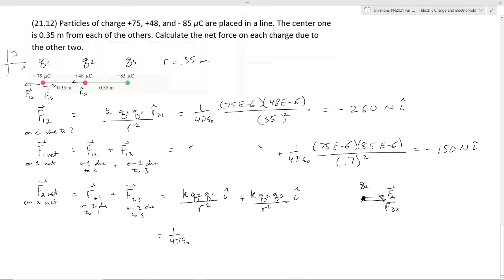And let's put in our numbers here and calculate this.